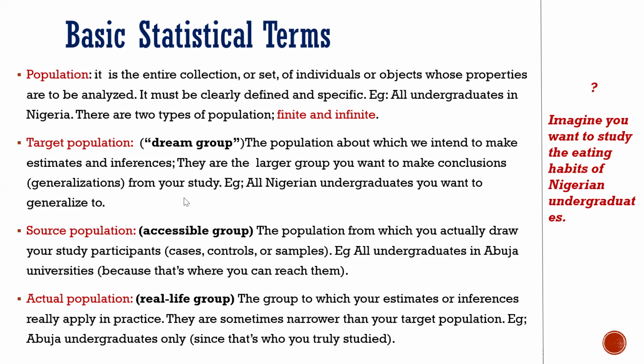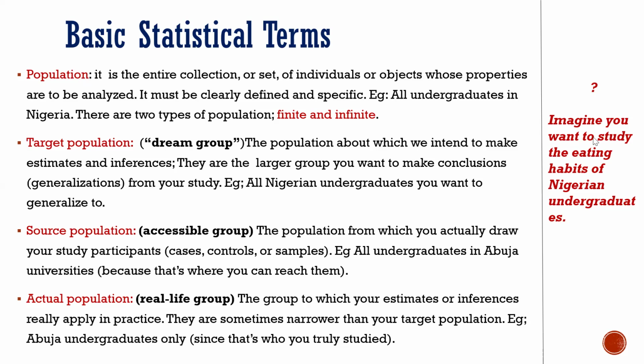The next type of population we're going to look at is the source population. I call them the accessible group. They are the population from which we can actually draw our study participants. They can be cases, controls, or samples.